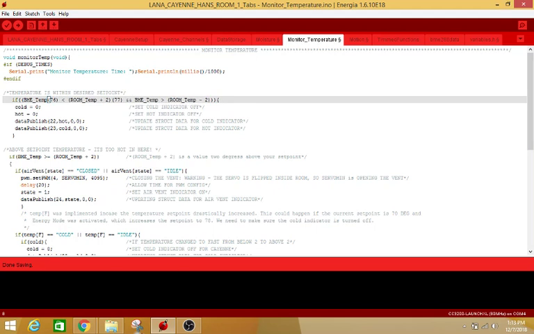And so another condition that must be met is BME temp greater than room temp minus 2? So right now it's 76, and room temp is 75, so 73. Is 76 greater than 73? Yes. Cool. So we know that this if statement is definitely going to be called.